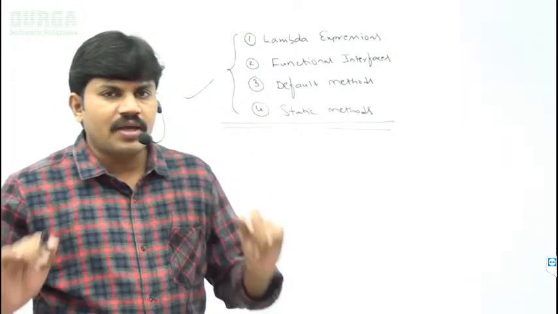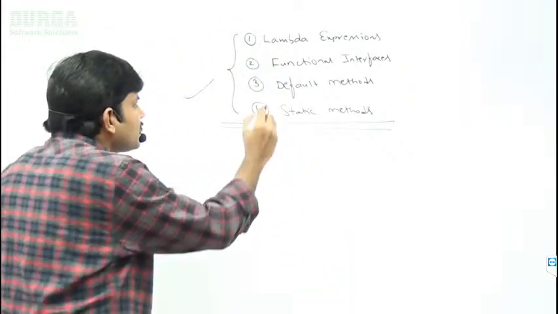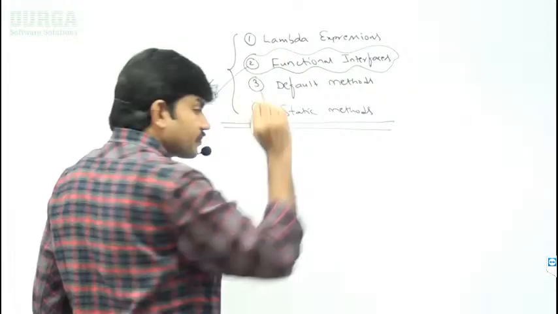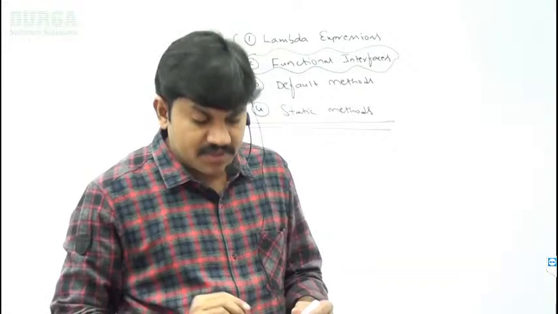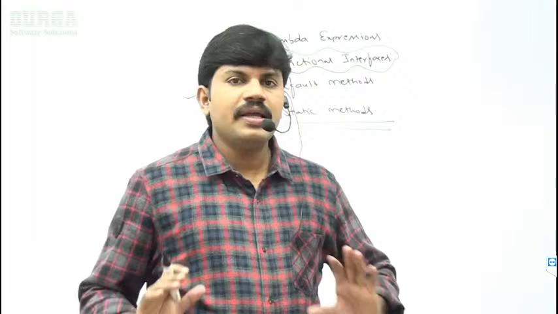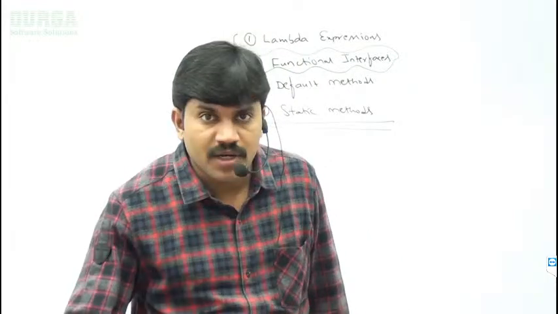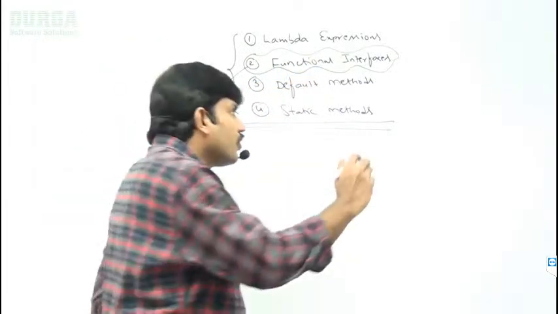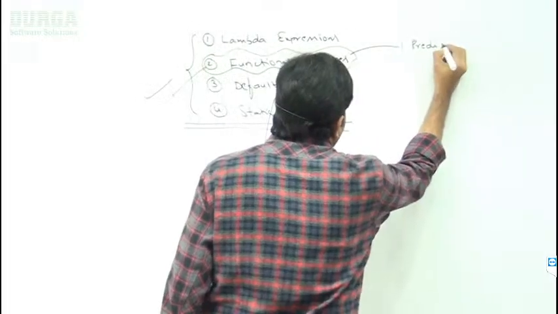Now in this current video, we have to talk about these functional interfaces in a bit more detail. There are some predefined functional interfaces already provided by Java, and we are allowed to use them directly. What are they? The first one is Predicate.